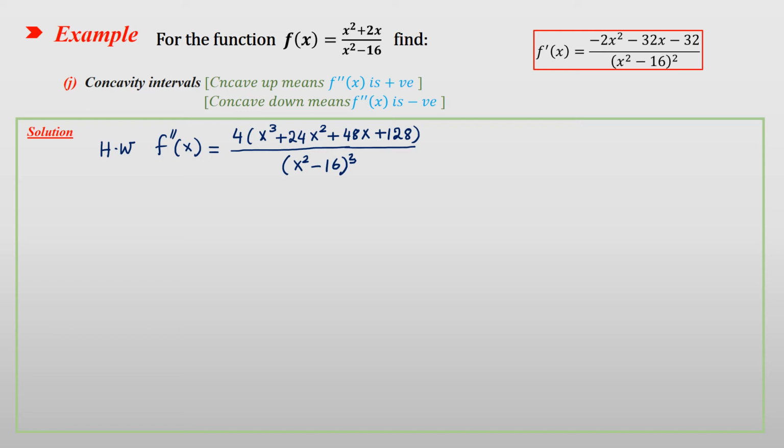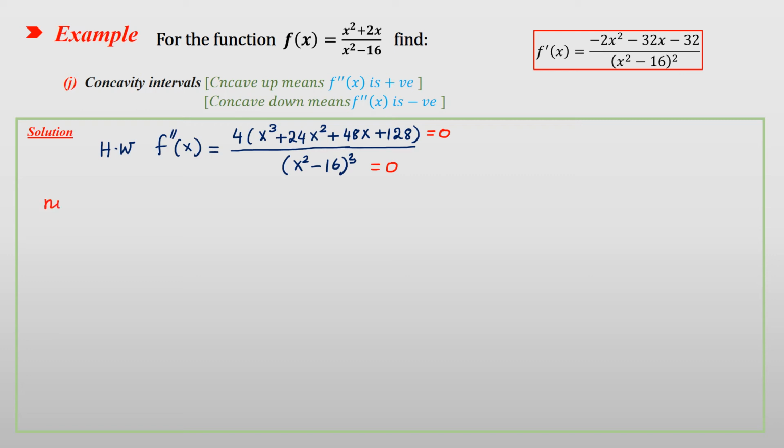Now to determine the concavity, if the function is concave up or down, you have to make the numerator of f double prime equal to 0 and the denominator equal to 0.